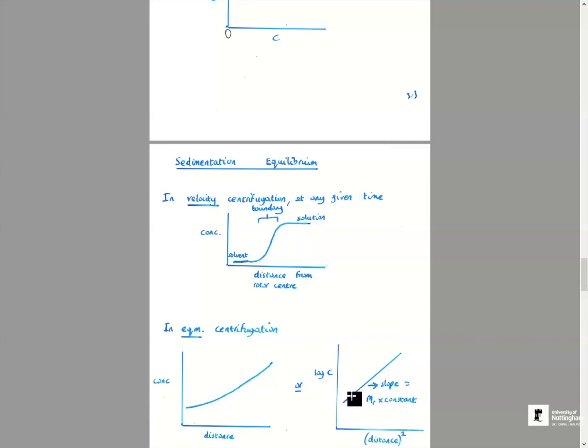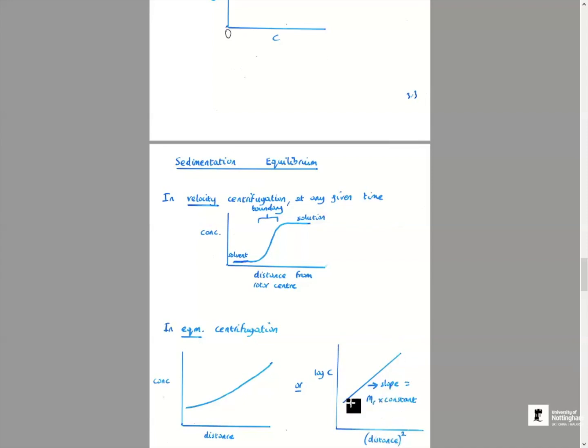You don't need to know the theory, but if you've got a single monodisperse solution, you'll know what that means now, of a well-behaved protein like albumin, except it's a glycoprotein because it's got a bit of sugar, with a single molecular weight, at low concentration so not too non-ideal, then we get a straight line if you plot log concentration, either log to base e or log to base 10, against distance squared.